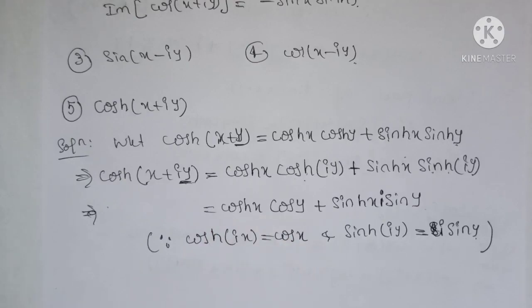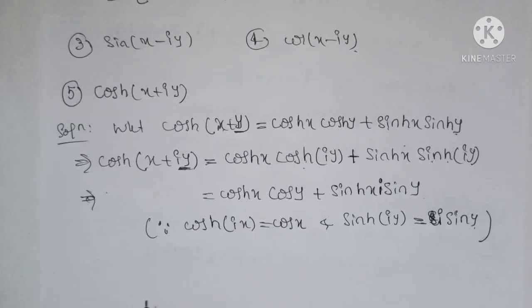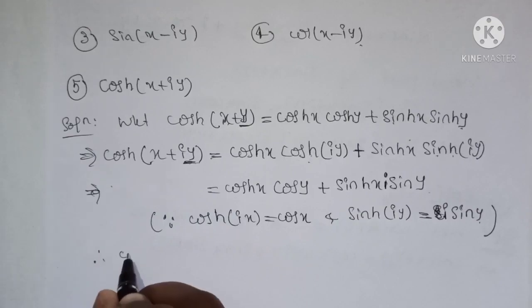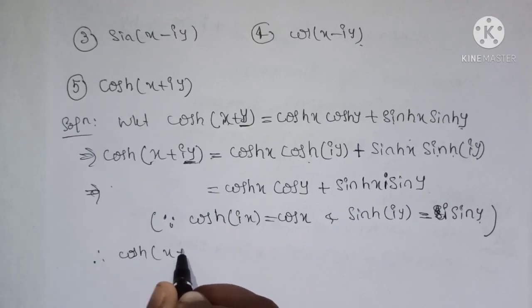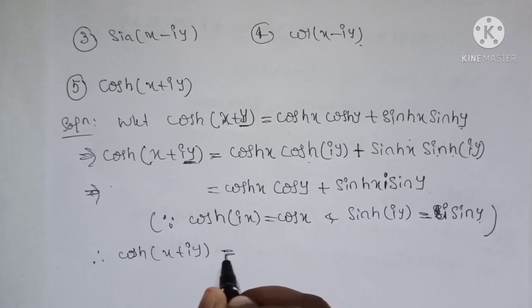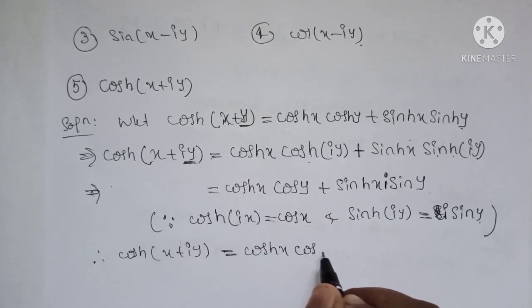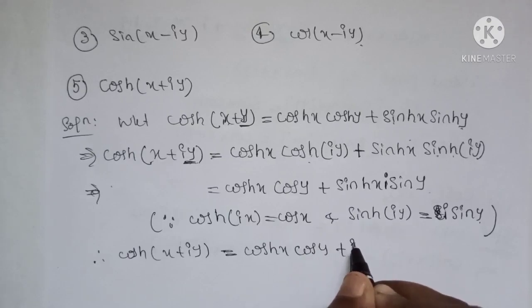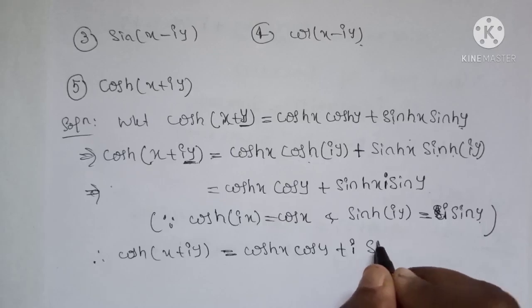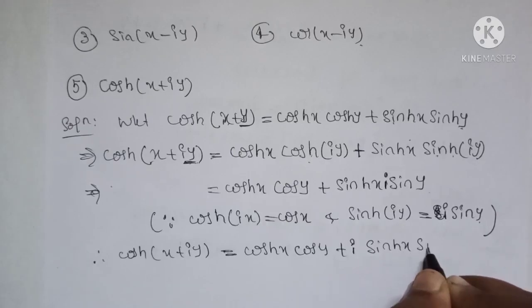Therefore cos h of x plus iy is equals to cos hx cos y plus i, I can be taken out, that means I first we write i, then we get sin hx into sin y.